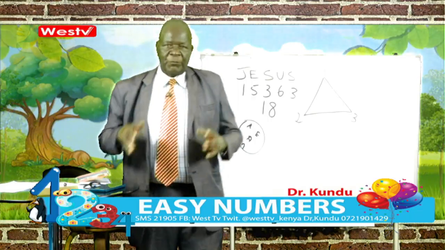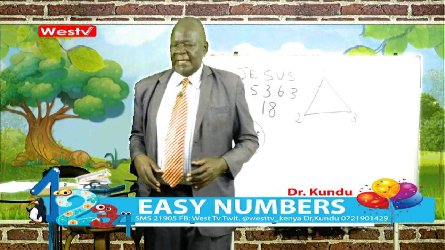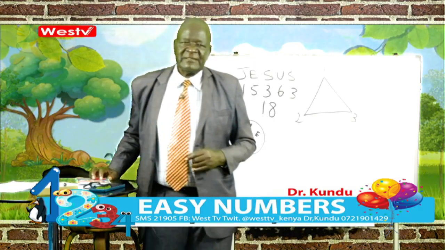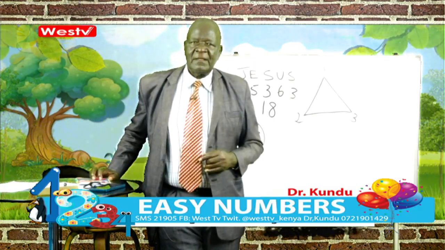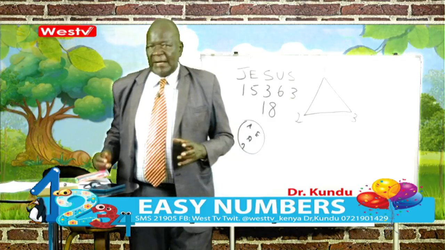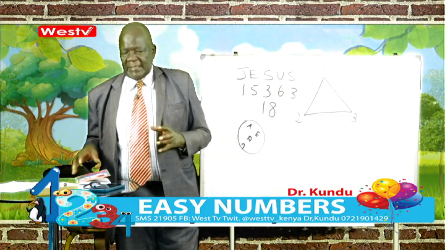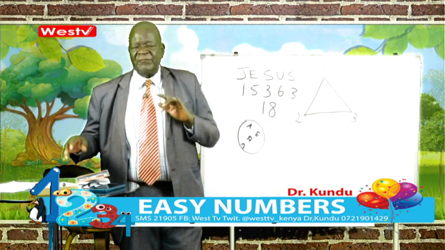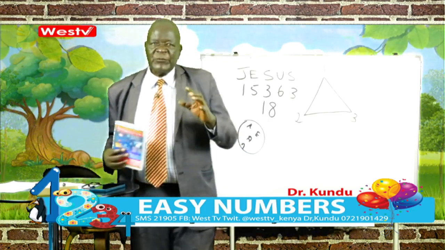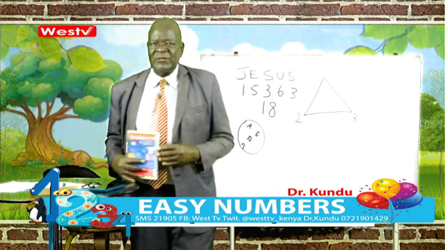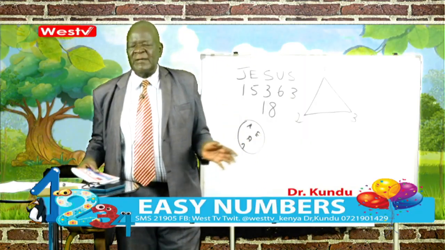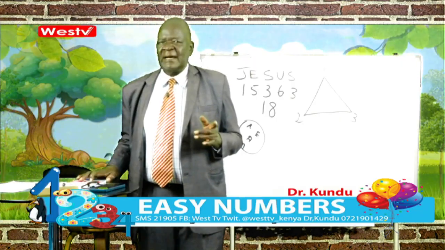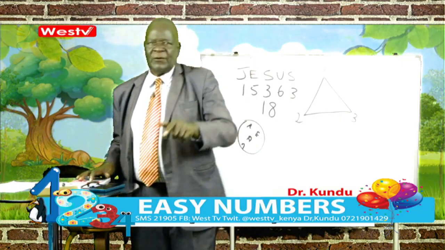So that when you buy your car and you decide to put on a name, you must know which name you are putting. So that when you want to buy livestock for raising, there is time for everything. You must know which time am I going to buy my animals so that they don't die on the farm anyhowly. We are not saying they can't die. What we are saying is anyhowly.